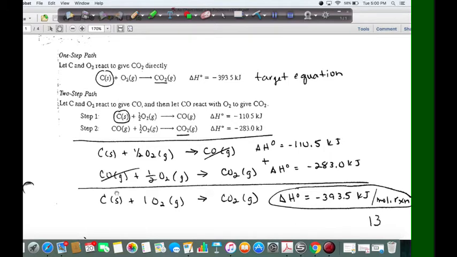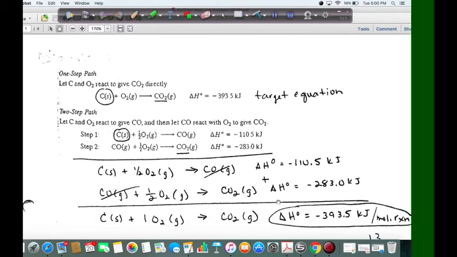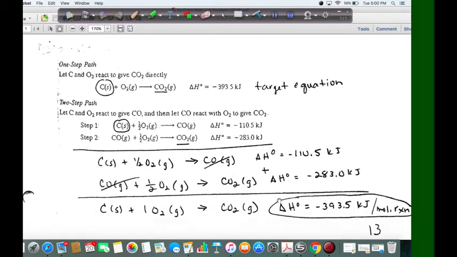I have carbon as a solid, I have 1 oxygen, O2, and I have CO2. So now my equation matches my target equation. And the point of this problem was to get the standard enthalpy change. For this equation, it's negative 393.5. Well, we got by pretty easily on this one. We didn't have to do a whole lot. We just had to combine them.